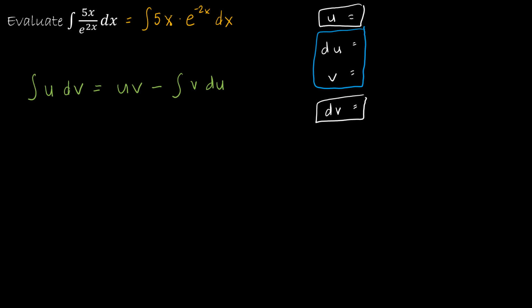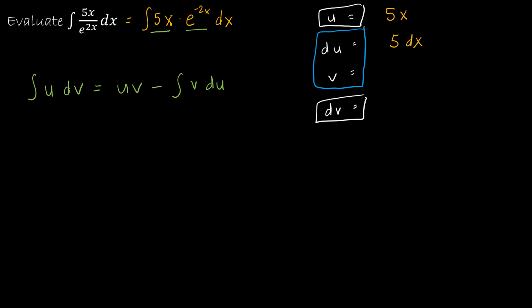We want it to just be a constant, or dx. So keeping that in mind, again, let's take a look at my two choices. My two choices are 5x and e to the negative 2x. So which of those would give me a constant for the derivative? Well, obviously that would be 5x. So I'm going to choose 5x here, which would mean the derivative of 5x is just 5 dx.